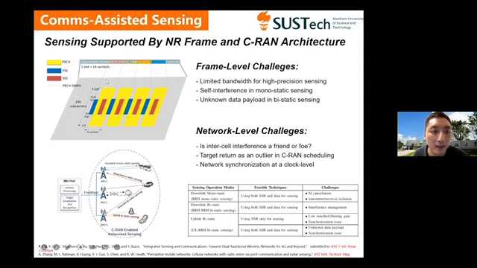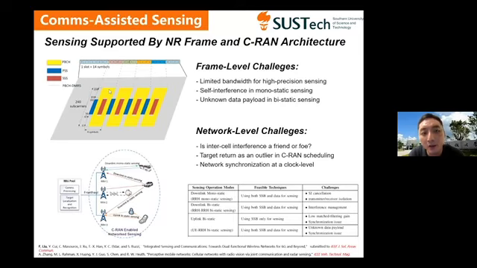Because as you can see here, one OFDM symbol can last up to several microseconds. But these several microseconds translate into hundreds of meters from a sensing perspective.